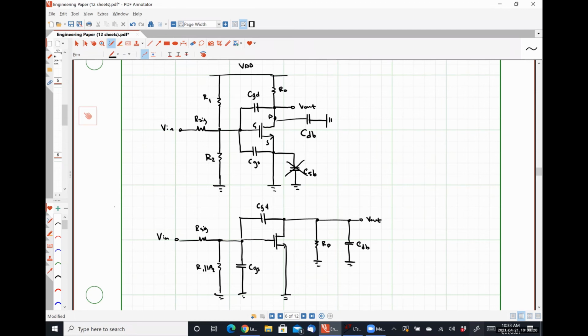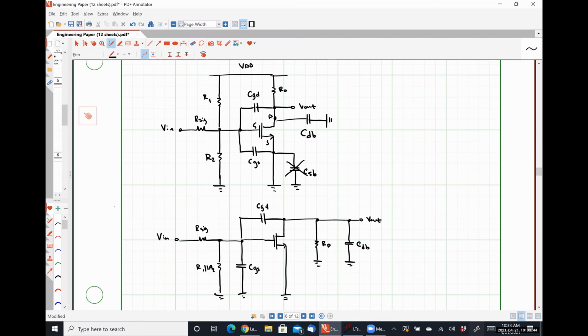So, a couple of things. I can see that RD and CDB are in parallel, so I could combine them. I'm not going to, but I'm going to use this to get a Thevenin equivalent resistance and all that kind of good stuff to see what's exactly going on.